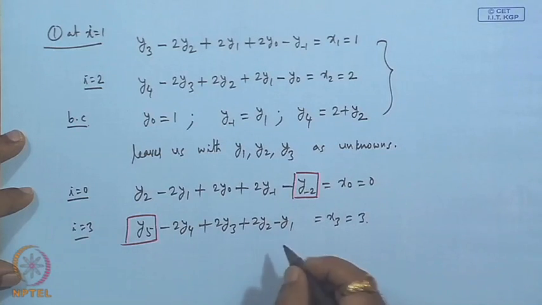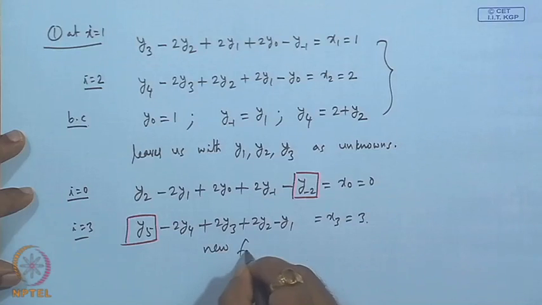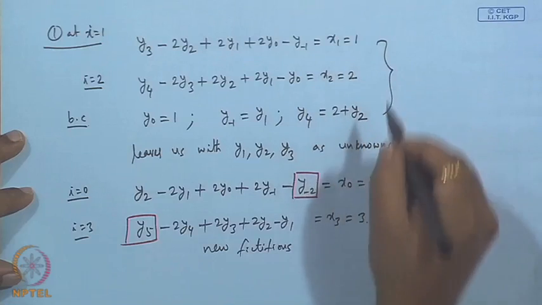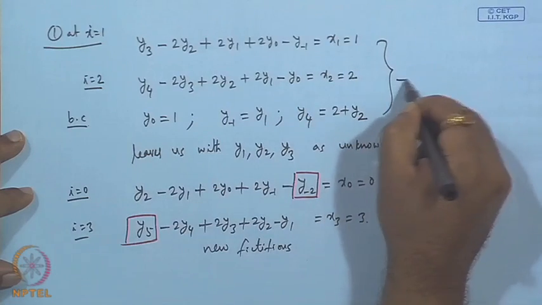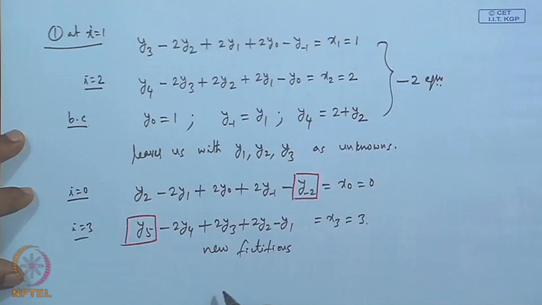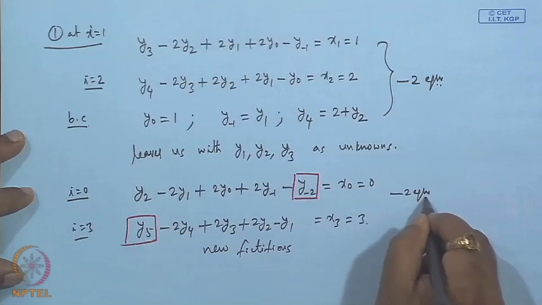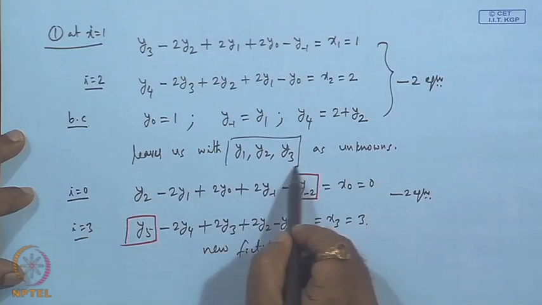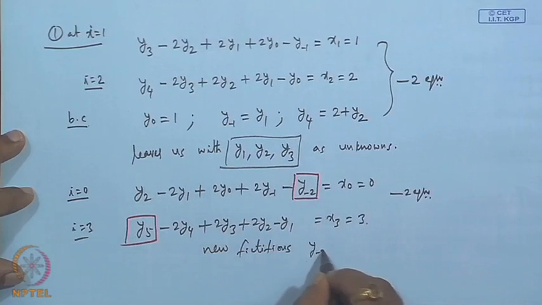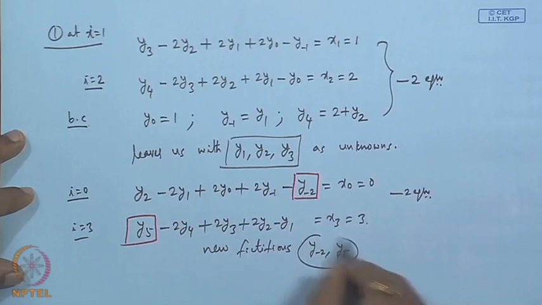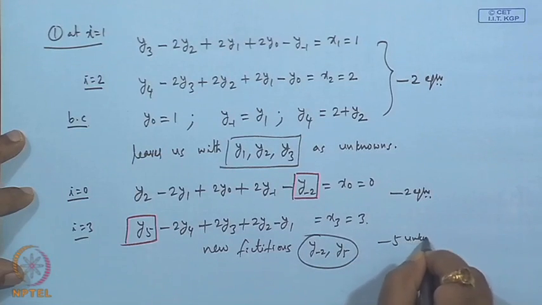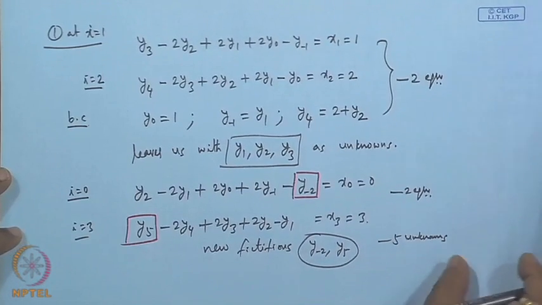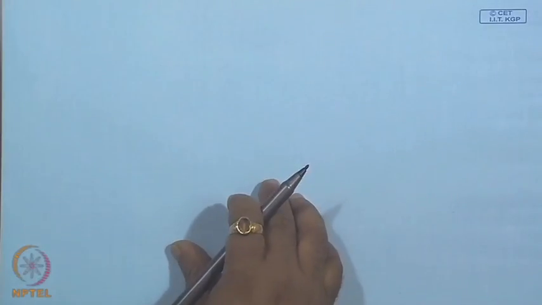So, these are new fictitious ones. So, two equations, because these are all redundant. So, now this reduces to two equations, but y 1, y 2, y 3 and so 5 unknowns.